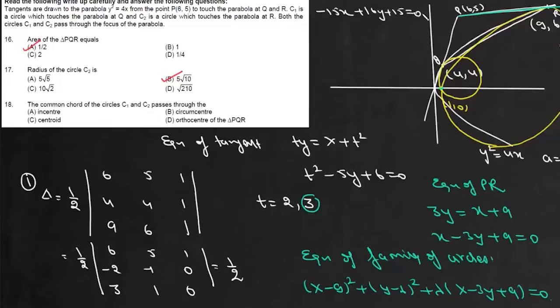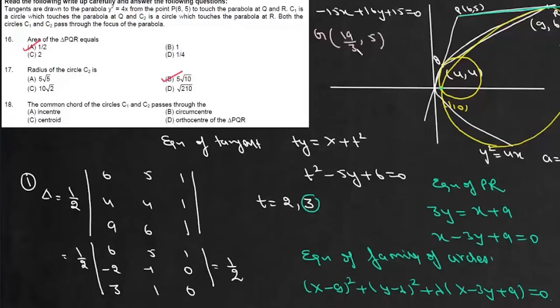Now, which of the points is this common chord going to pass through? The easiest one is the centroid. So first we'll find its centroid. The centroid is given by 6 plus 4, 10, 10 plus 9, 19. So it will be 19 by 3, and then we have 15 by 3, which is 5.